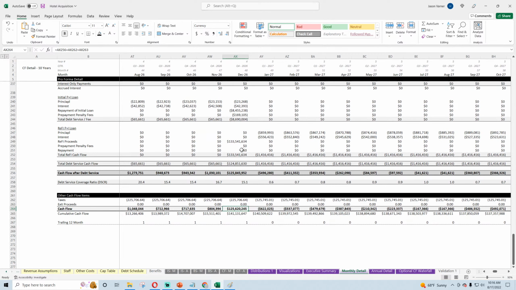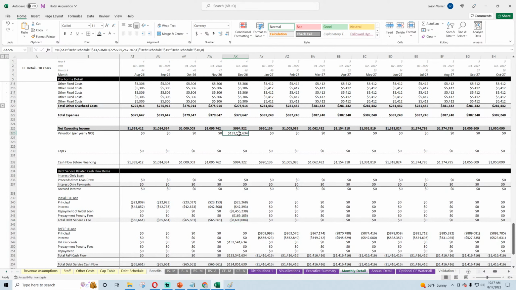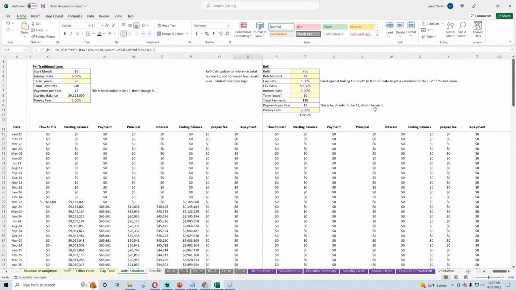Is it the refi? We're refinancing for 133 million. Okay, yeah, obviously that's not right. Let's see. So why is that happening? Well, I guess we're saying we're doing 1 million a month now, 12 million a year. At that cap rate, that would be 133 million. Okay, so we need to adjust this.